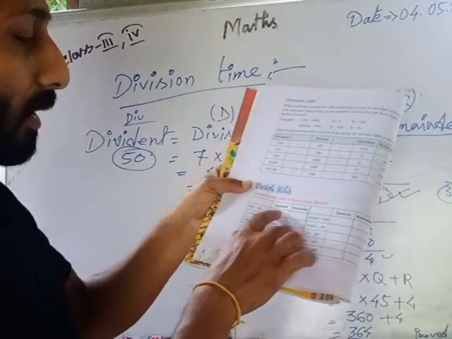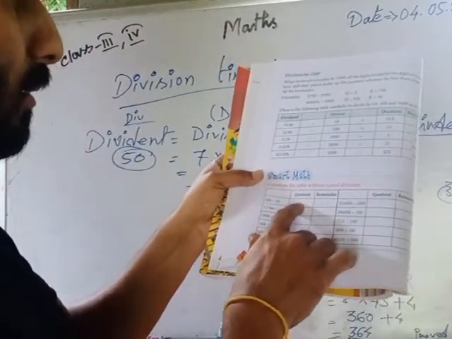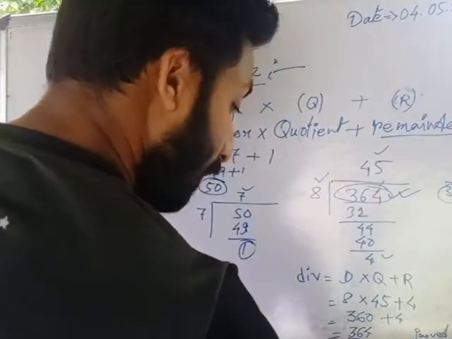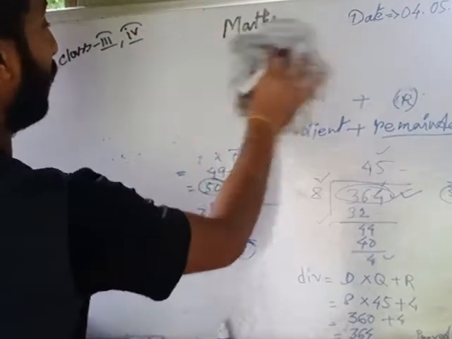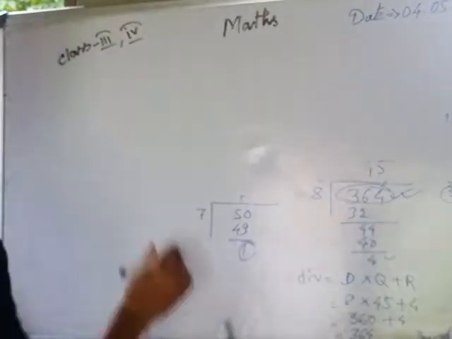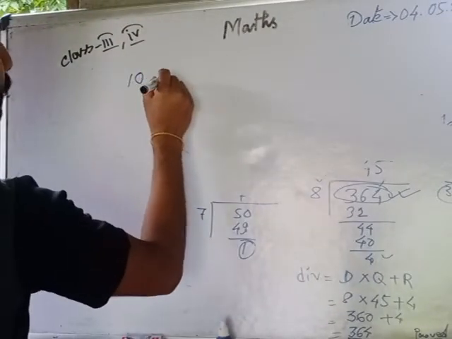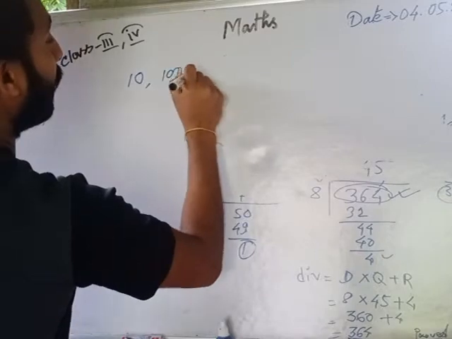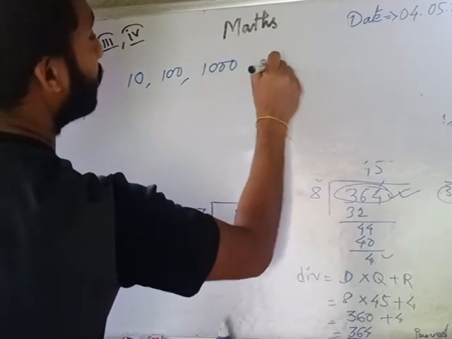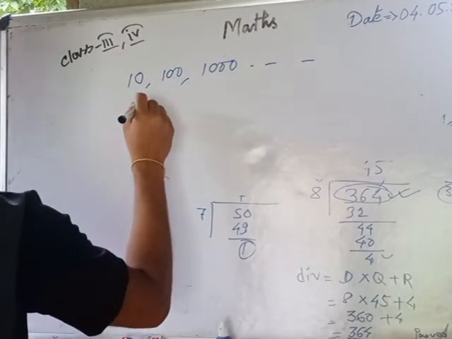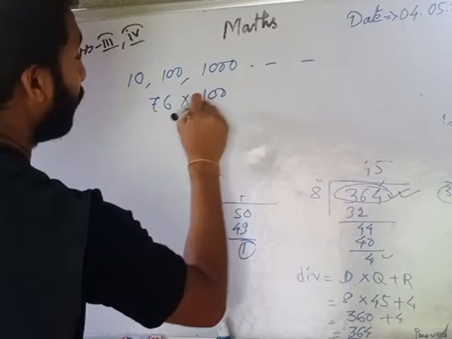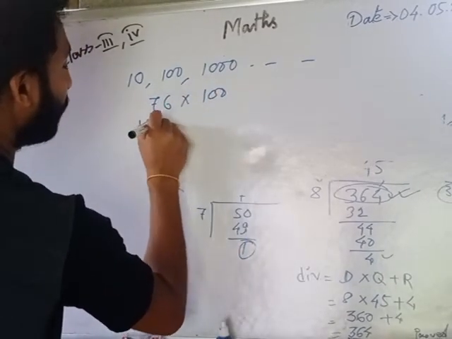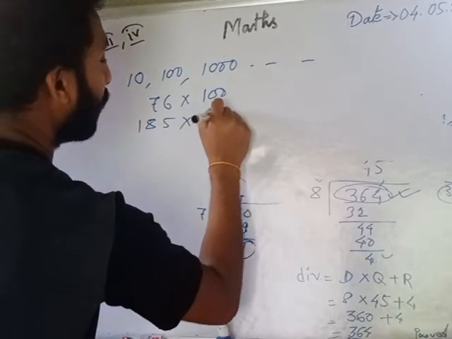After that, you should write which one is the quotient. Now multiplying by tens multiples. That means 10, 100, 1000, etc. Suppose it is 76 multiplied with 100. Suppose it is 185 multiplied with 1000.